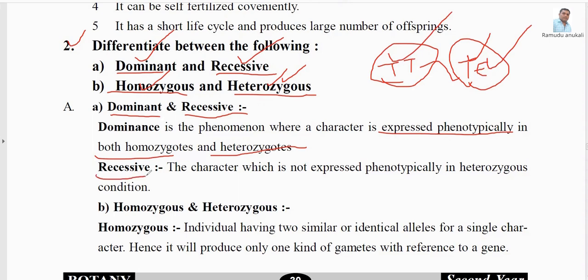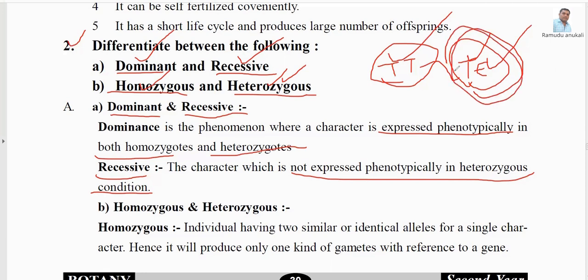Now recessive: the character which is not expressed phenotypically in the heterozygous condition. In this heterozygous condition, small t is the recessive one. This character will not express; only the dominant one expresses. So this plant is always tall.